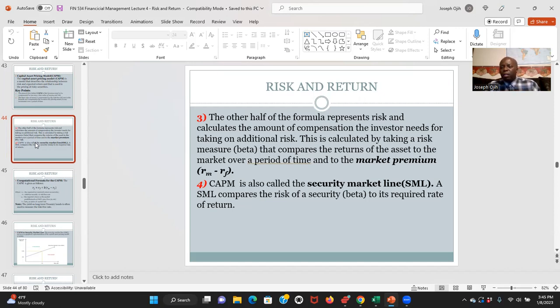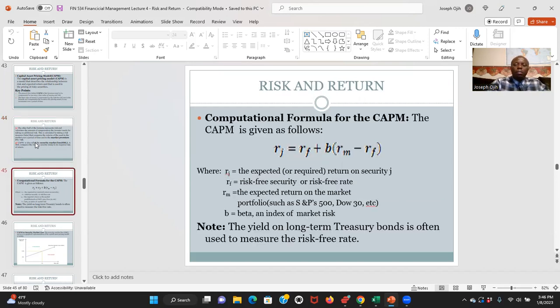So, either we call it the capital asset pricing model, or we call it the security market line, because both terms are used for the model that compares the risk of a security, which is the beta, to its required rate of return. Okay? Now, at this point, we are ready to take a look at the computational formula for the capital asset pricing model.